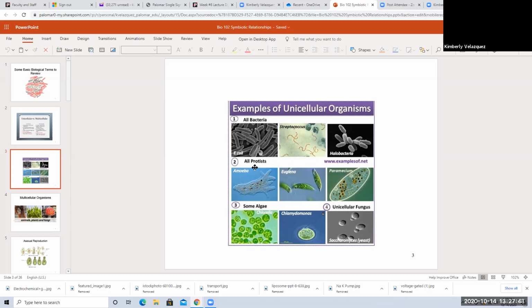So that means protists have a nucleus, they have membrane-bound organelles, they are far more complex in structure than the prokaryotic cells. Then some algae are single-celled, and then we have some fungi that are single-celled. Mostly it's just the yeast. The yeast are the single-celled fungi. And those are in the category of human pathogen.